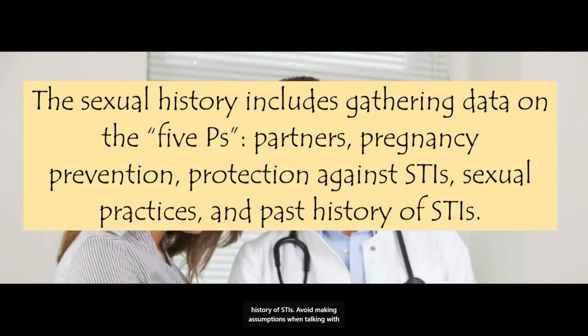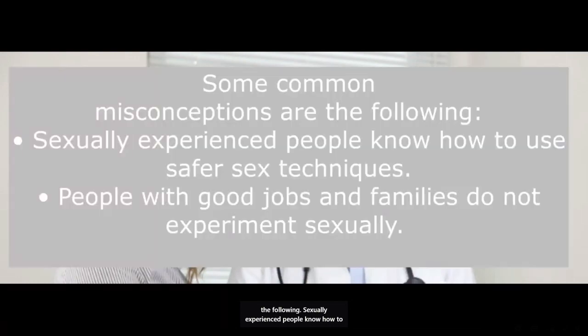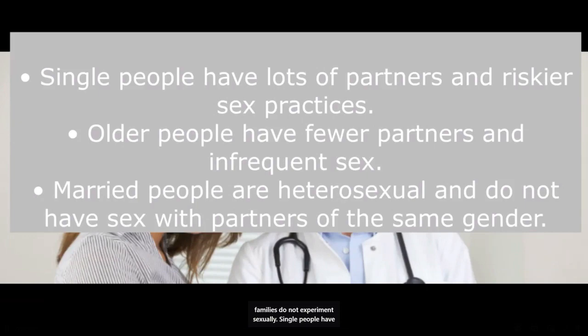Avoid making assumptions when talking with patients about sexual matters. Some common misconceptions are the following. Sexually experienced people know how to use safer sex techniques. People with good jobs and families do not experiment sexually. Single people have lots of partners and riskier sex practices.